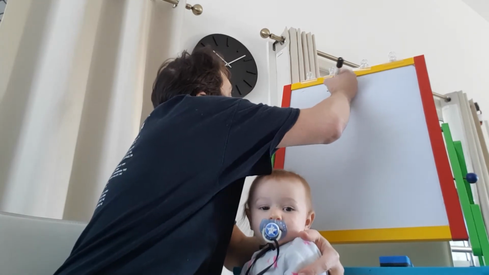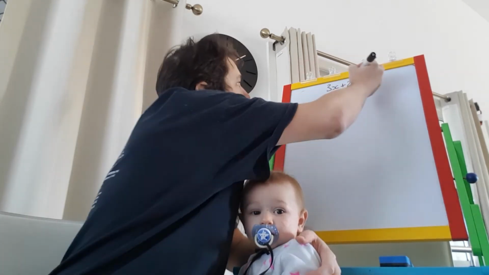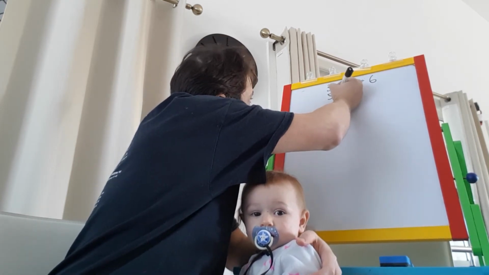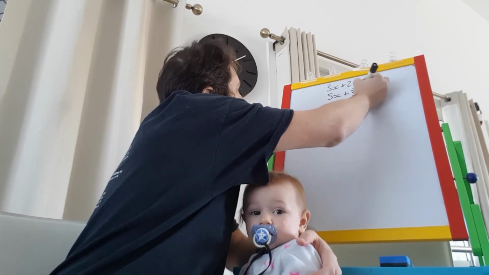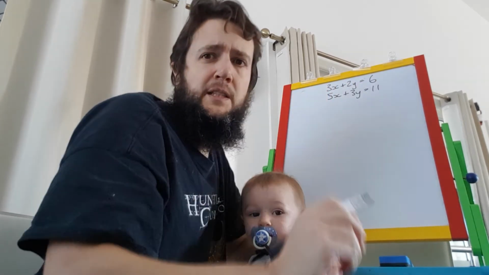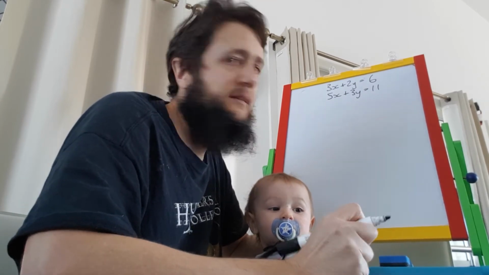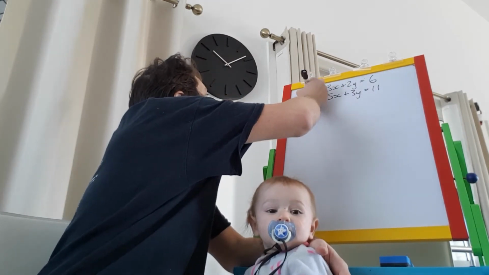We've got 3x plus 2y equals 6 and 5x plus 3y equals 11. Now, neither of them have the same number of x's and y's, so this is going to be a pain. Start off with our labelling.